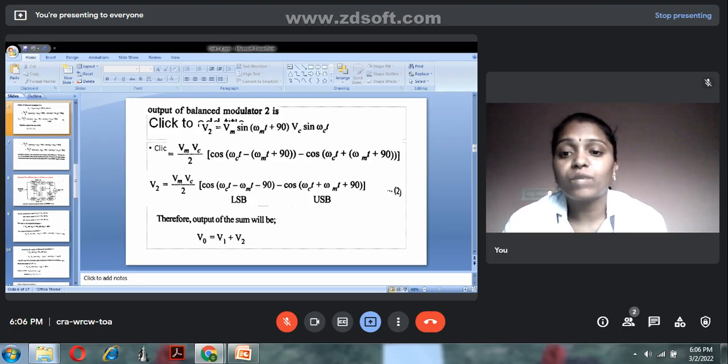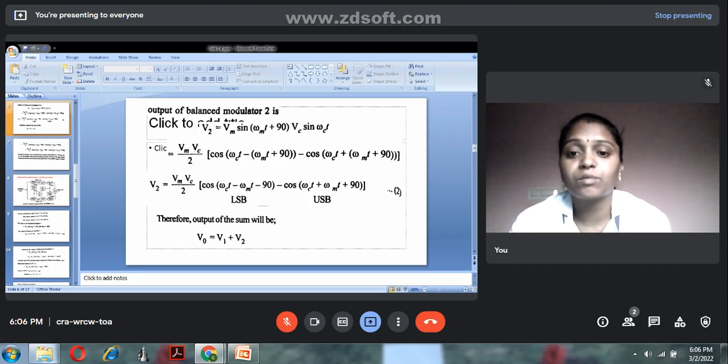So Vm Vc divided by 2 into cos omega ct minus omega mt plus 90 minus cos omega ct plus omega mt plus 90. That is cos A minus B minus cos A plus B. The sin A sin B formula is used here.